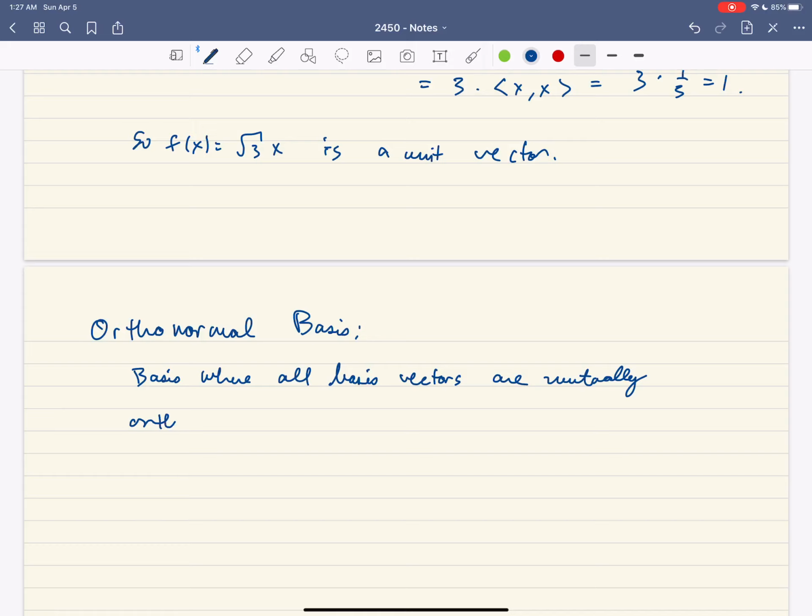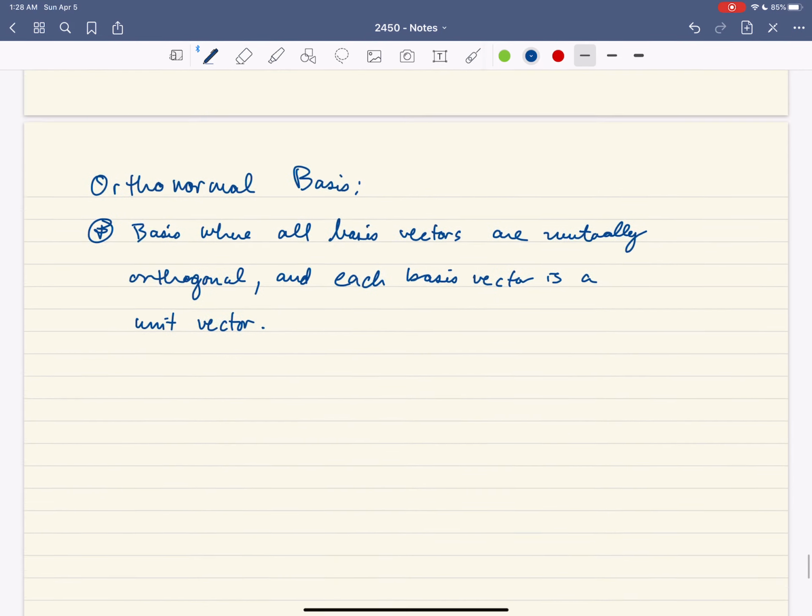What I mean by that is that pick any two basis vectors, they're going to be orthogonal. And each basis vector is a unit vector.